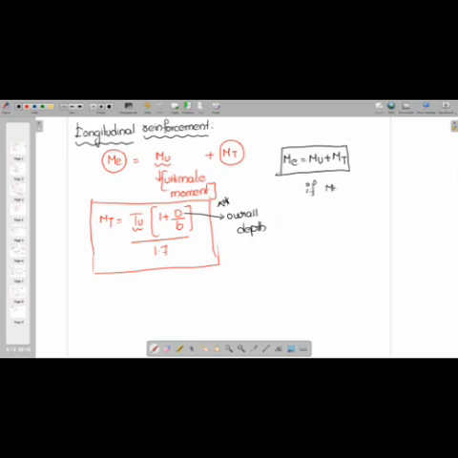If moment due to torsion is greater than the ultimate moment, in this case longitudinal compression reinforcement shall be provided on the flexural compression face.